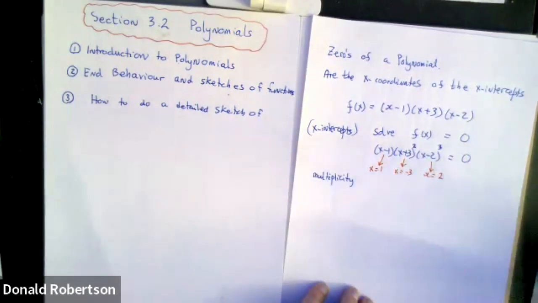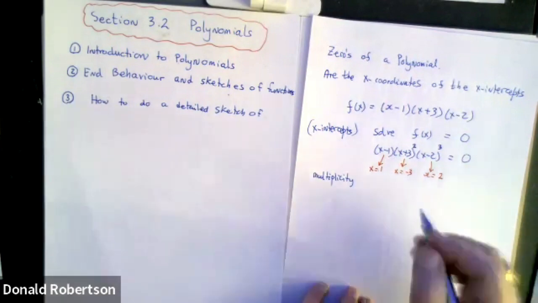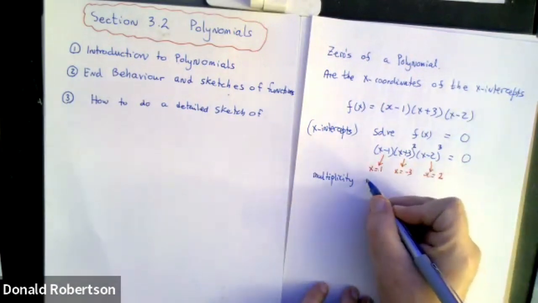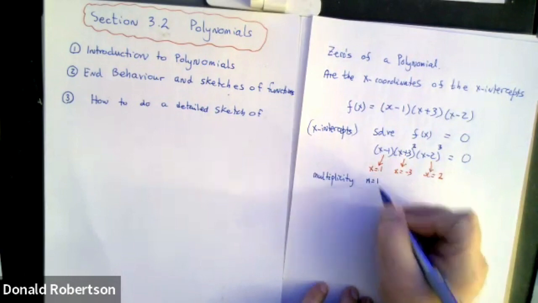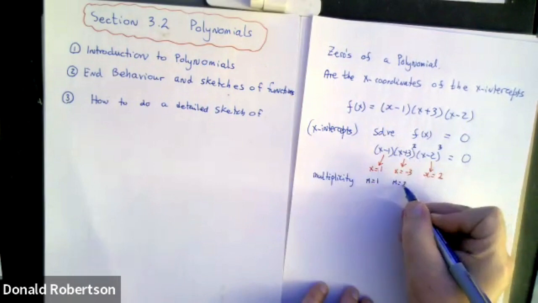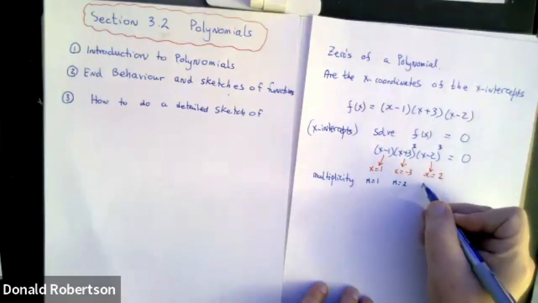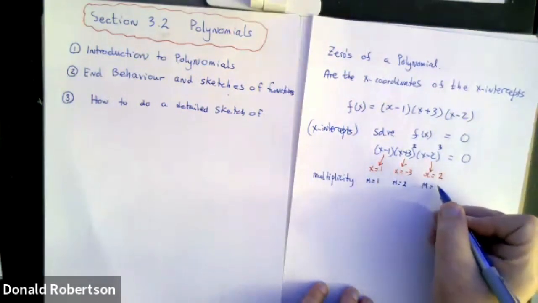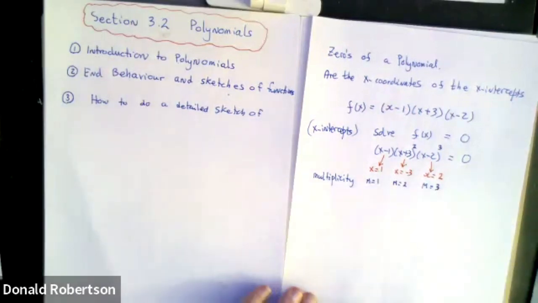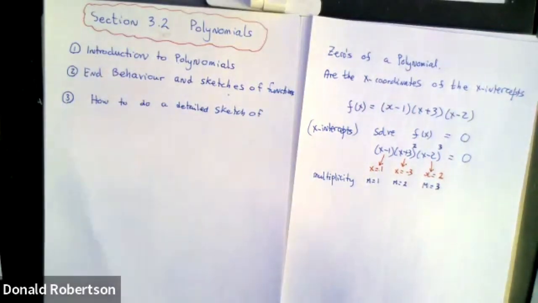These values of x are not changed, but the multiplicity is. The multiplicity of this one, let's just call it m, is 1. The multiplicity of this one is 2, and the multiplicity of that third one is 3.